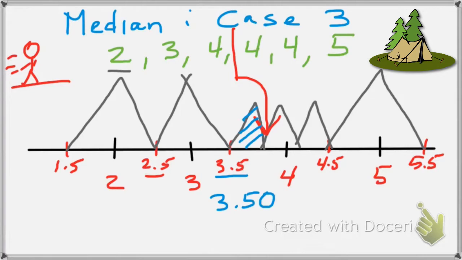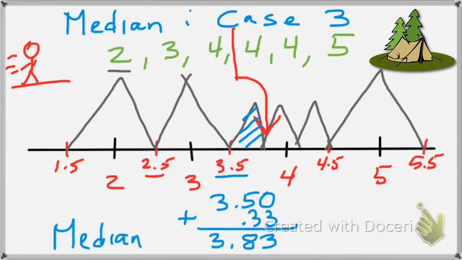There's only 1 tent below the median line, and it's taking up an additional third, approximately 0.33. So add that together, and the median is 3.83.